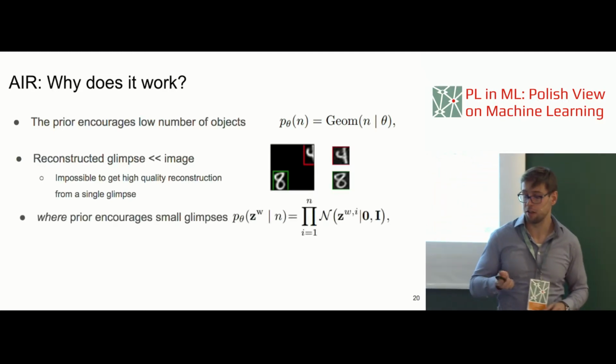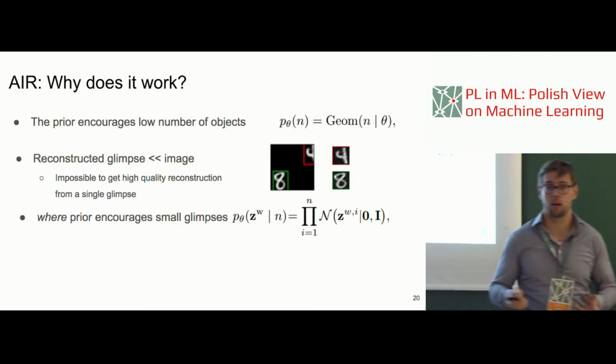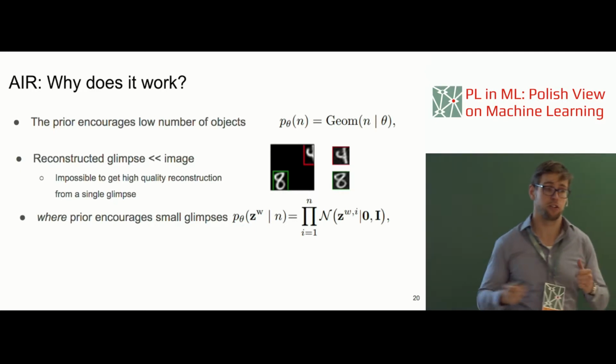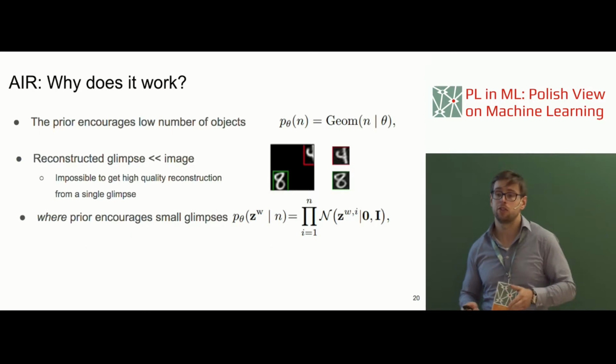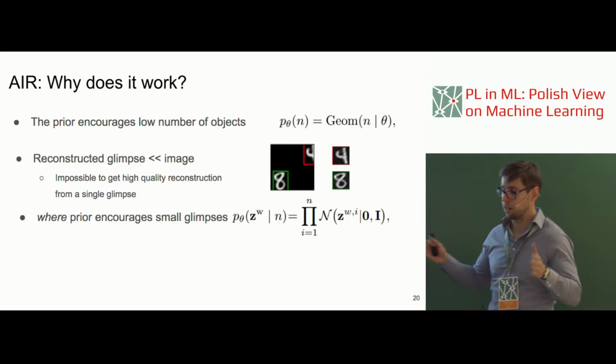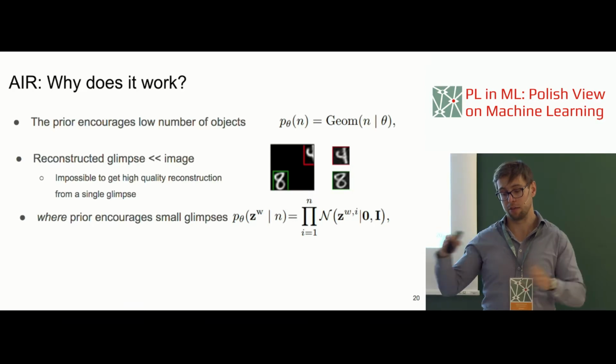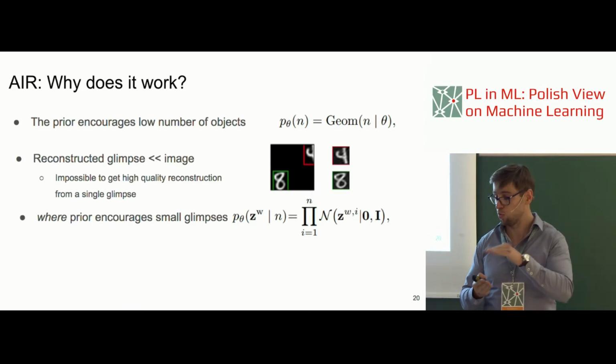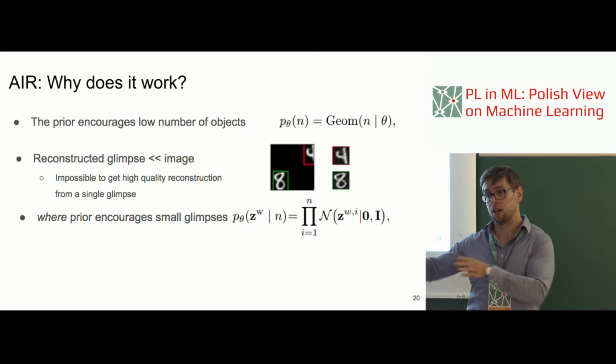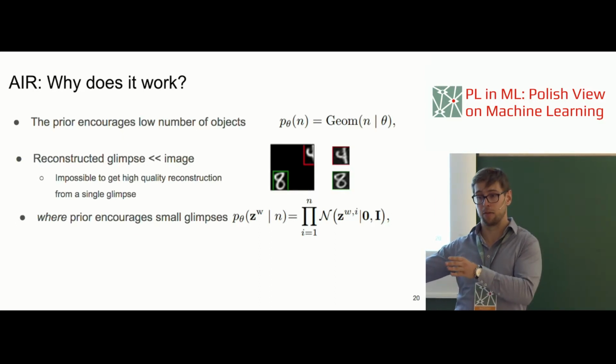And the third thing is that we have this where latent variable, which defines location but also scale. The prior is such that it encourages small glimpses. The glimpse is encouraged to be small in the target image space.